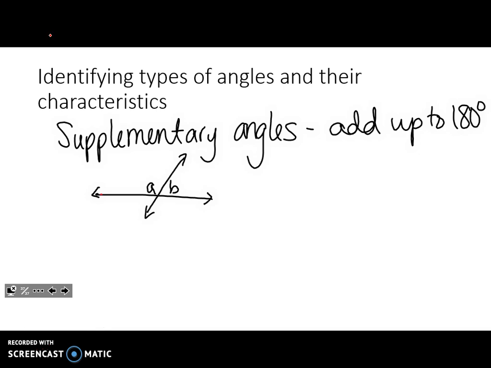notice that A and B sit on this straight line. So here's a straight line, and angle A sits on it, and so does angle B. Because they sit on a straight line, remember, straight angles equal 180 degrees. So if I took A plus B, they would total 180 degrees.